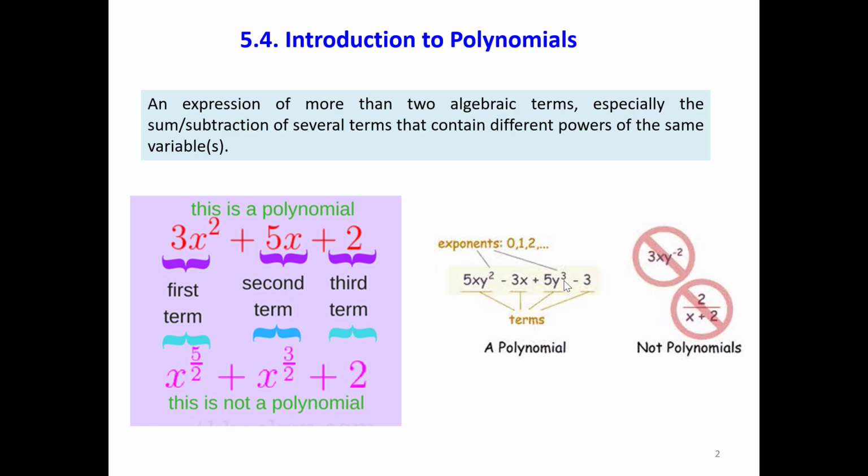But one important thing is the power of the variable must always be positive and a whole number. For example, this is not a polynomial, and the reason is the exponent of the variable is a fraction.